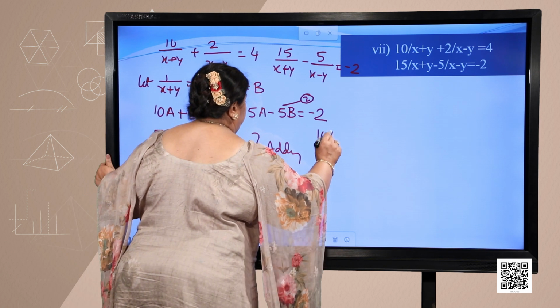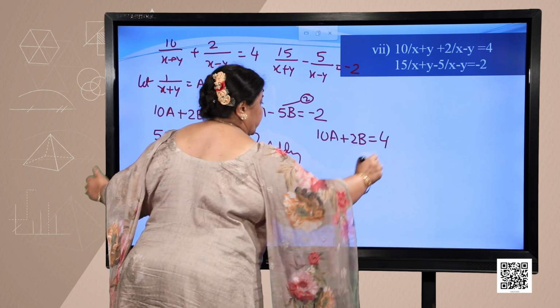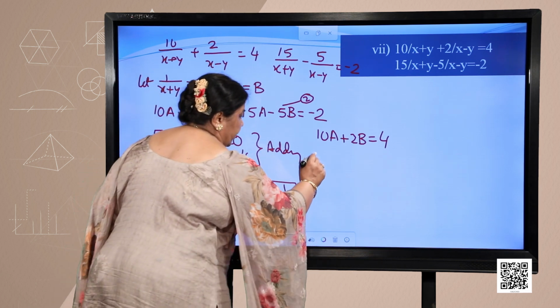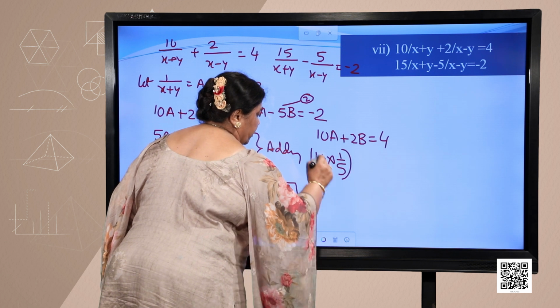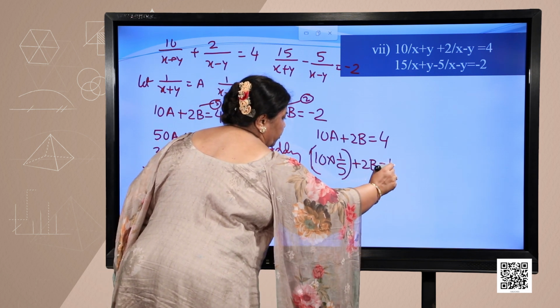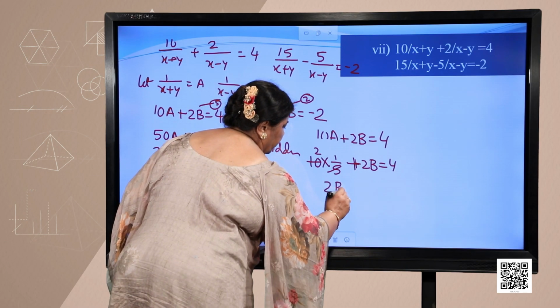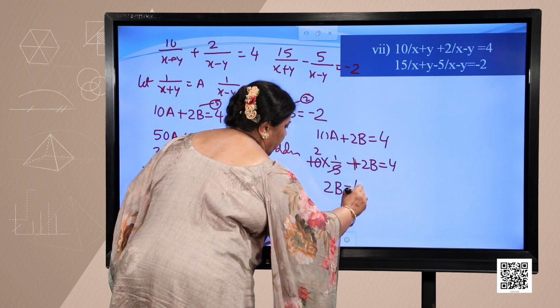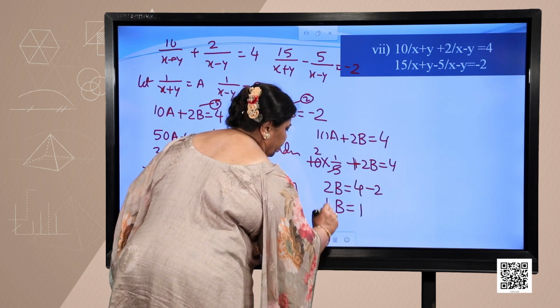We have 10a plus 2b is equal to 4. So, 10 into a, which is 1 upon 5, plus 2b is equal to 4. That gives me 2b is equal to 4 minus 2. So, b is equal to 2 upon 2, which is 1.